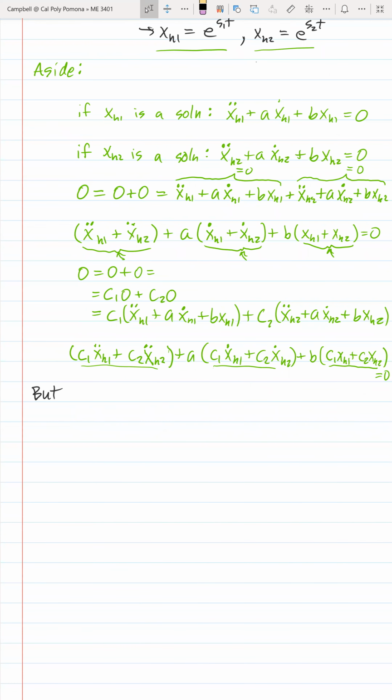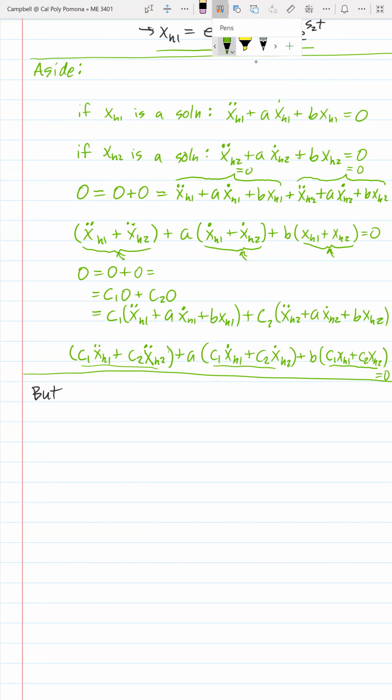Actually, let me go back to the green pen for 1 second so that I can go ahead and say that this is our aside here, convincing you that, of course, we can not only work with the individual solutions, but we can add those solutions, and even more generally, we can add those solutions after we've scaled them by different constants.